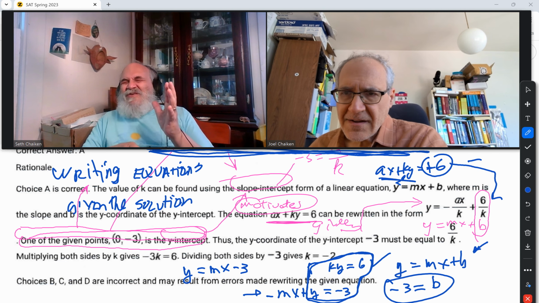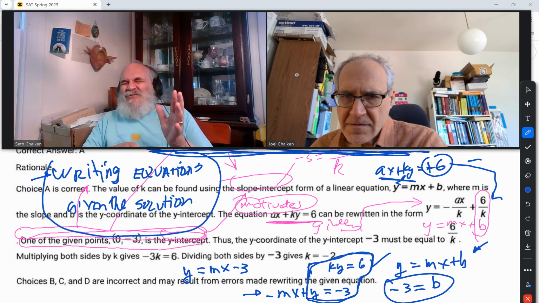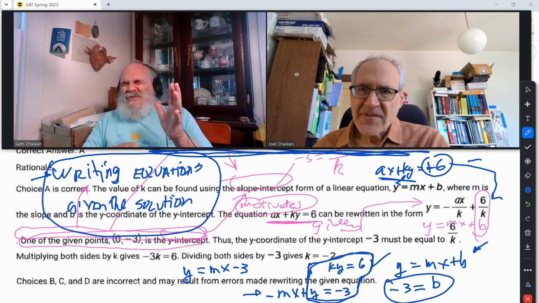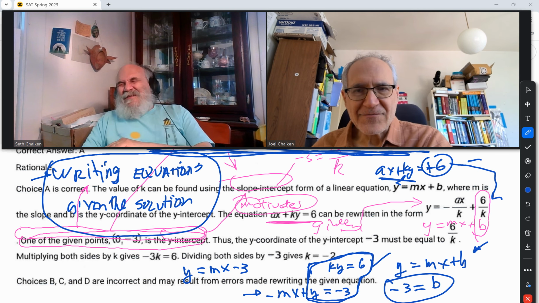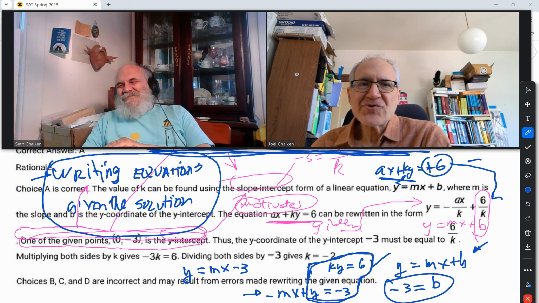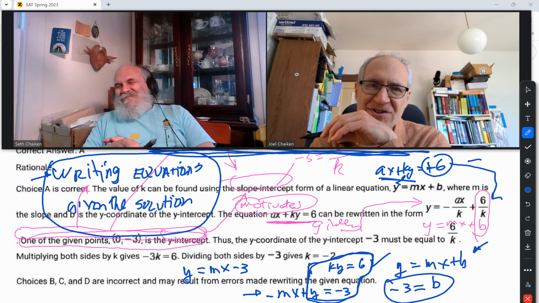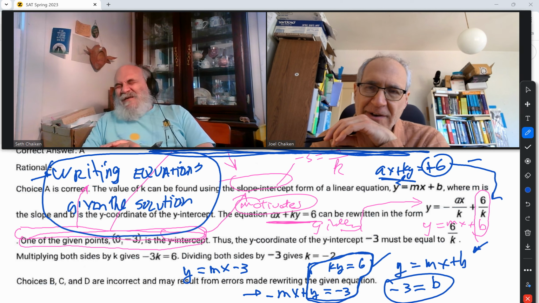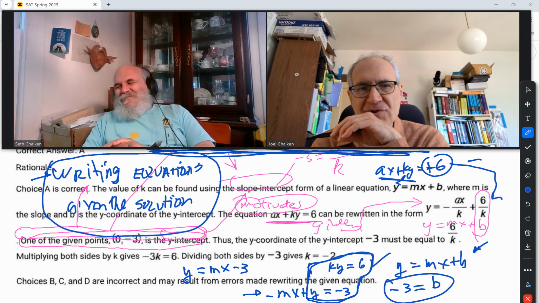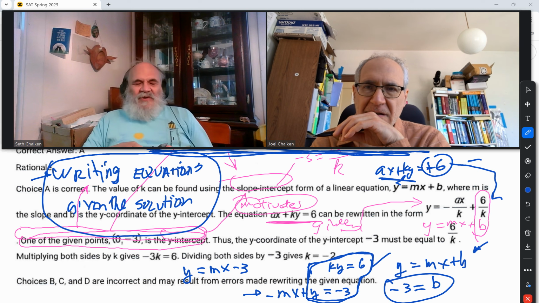Right. Given these solutions or information about the solutions, find the equation. Right. So I have it right here on the left. Writing equations given the solution. It's the backwards question. That's why there's so many of these on the test, because it's the backwards question of solving an equation. It's writing the equation given the solution. Right. Yeah. Which is important.